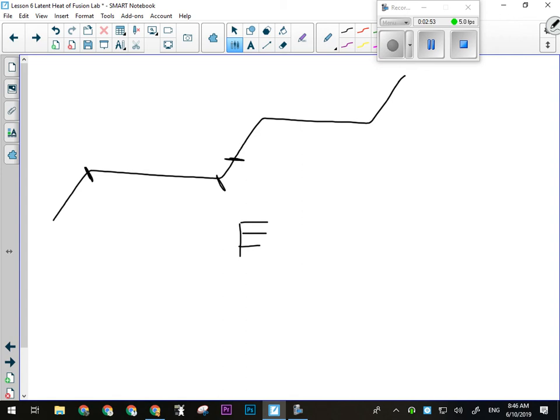Okay, the E lost by the water is going to equal the E gained by the ice. All right, and that's going to mean, okay, that we're going to take MCΔT for the water, and it's going to equal M times Lf for the ice. Everybody all right with that? Okay.